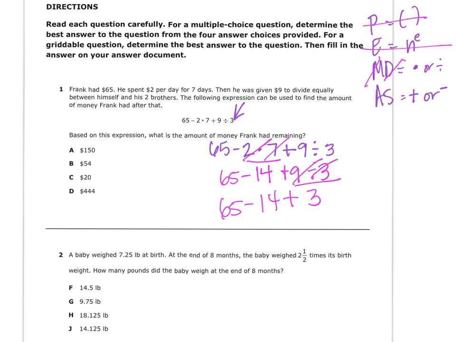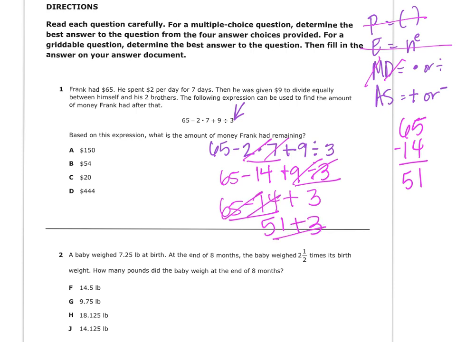Now, do I have addition or subtraction? I have both of them. Okay, so you have to pay attention which one is in the order first. I have subtraction first. So I'm going to do 65 minus 14. $51 plus 3.